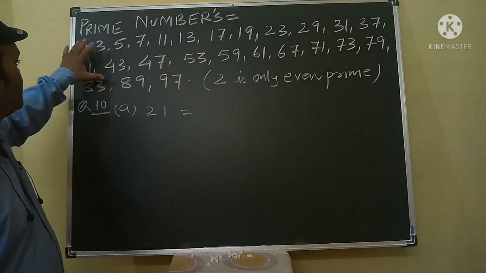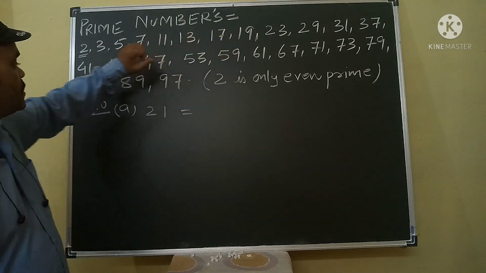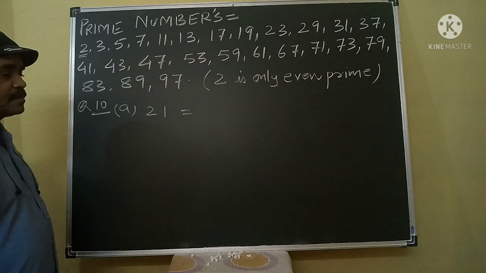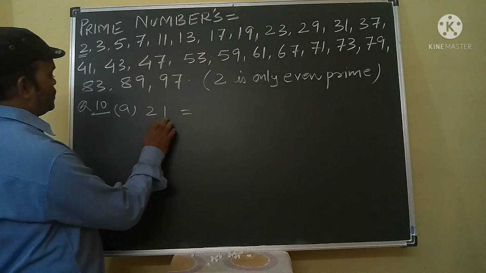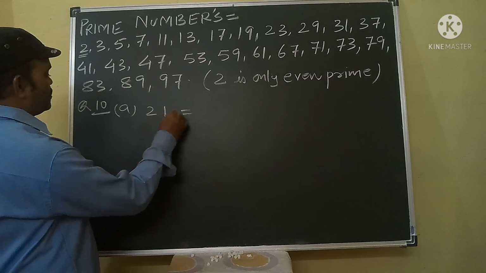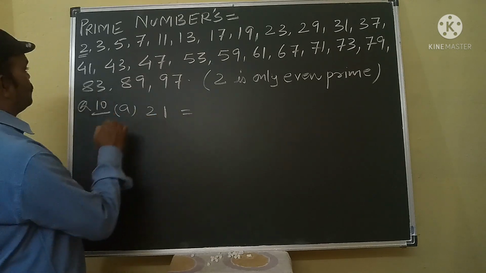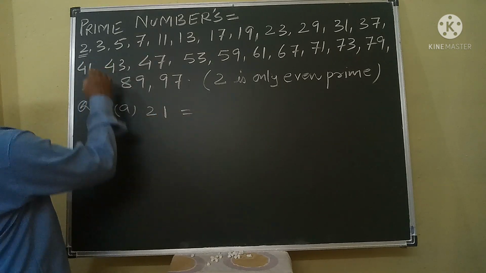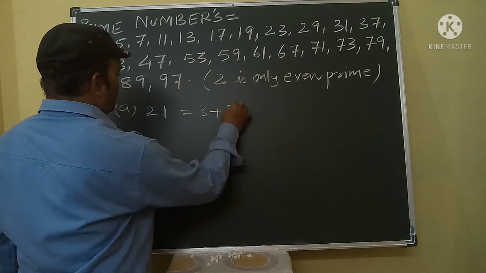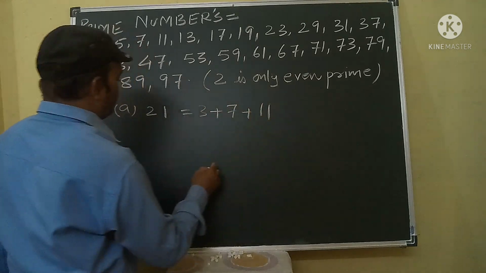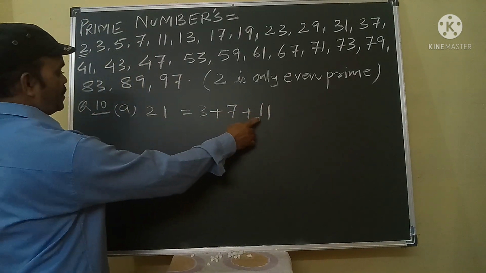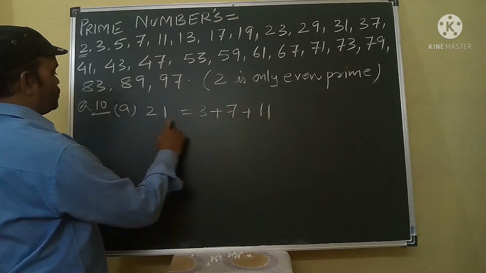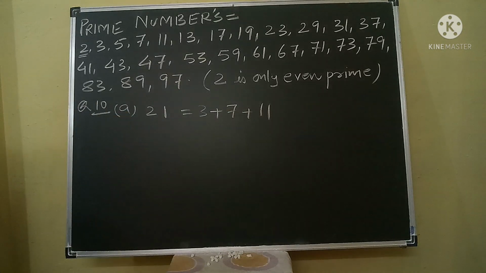So, with the help of these prime numbers, we can find the answer. Look here: 3 plus 7 plus 11. After adding, you will get 21. This is your required answer.